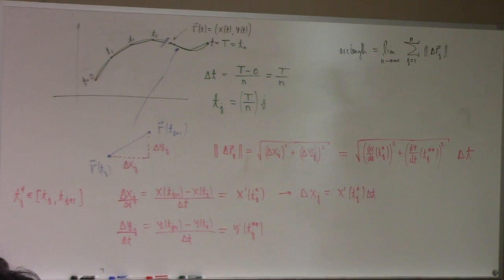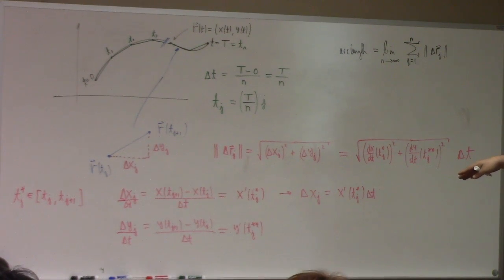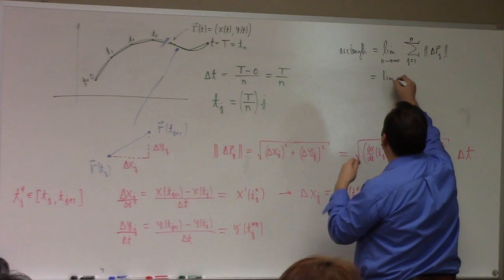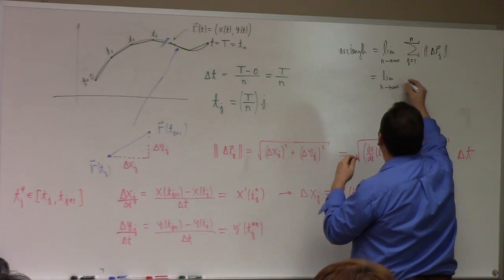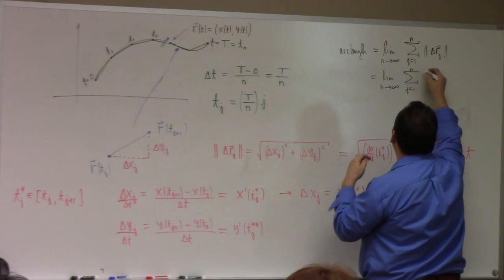But on the same token, if, and here's the big if, the curve has a parameterization where the parametric functions are differentiable on the whole thing, that's important, then I can apply the mean value theorem, and I can simplify this to the limit as n goes to infinity of the sum j equals 1 to n of what?